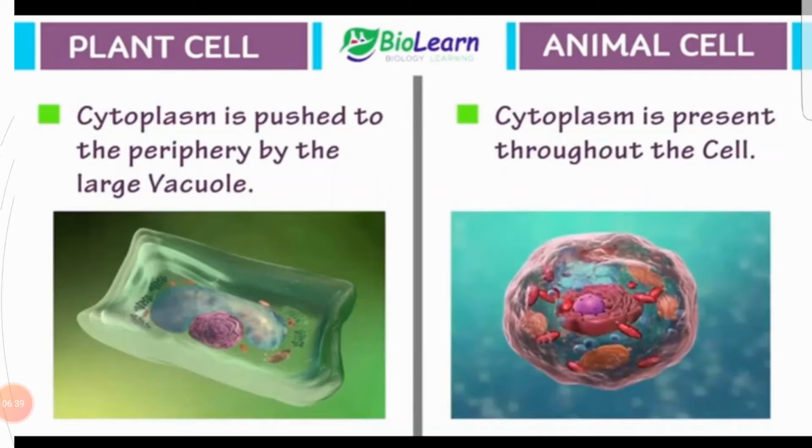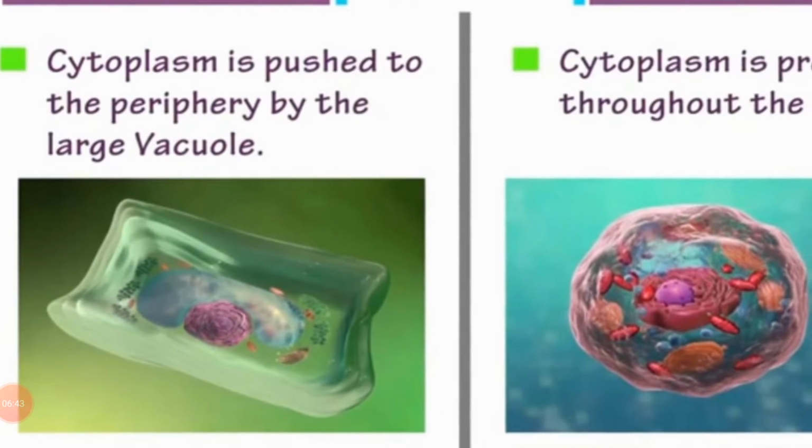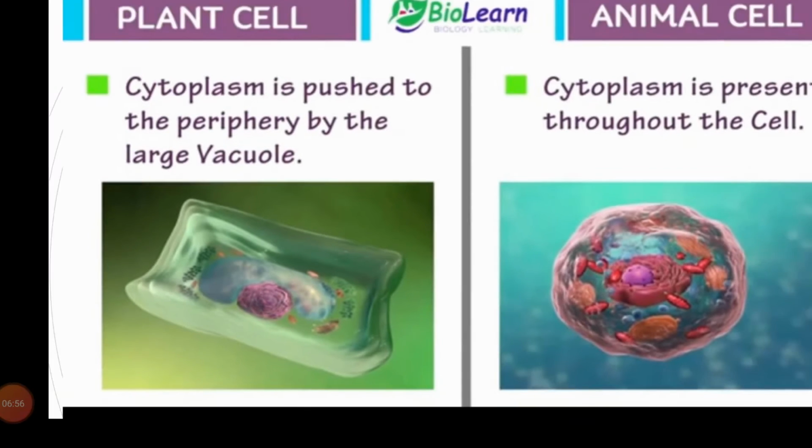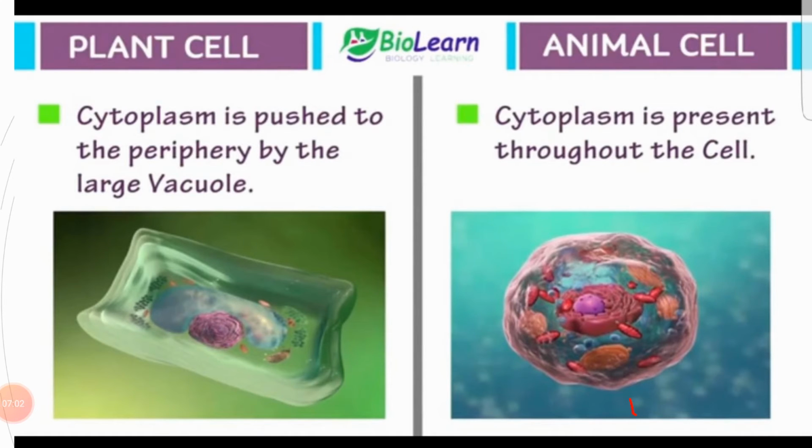Okay, next is, as we have discussed, a single large vacuole is present in the plant cell, so the cytoplasm is pushed to the periphery by the large vacuole. What will be the cytoplasm area? Look at this one, this is the large vacuole.